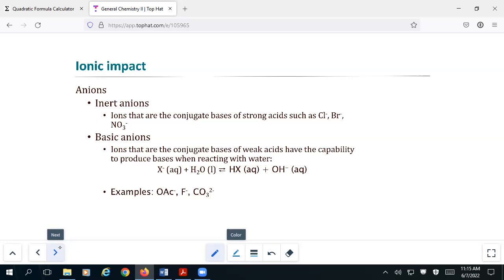And so anions can come in one of two forms. They can either be inert, where the acidity of the acid that they came from is so strong that their Kb values are practically zero. So we see this for things like the chloride ion, the nitrate ion.